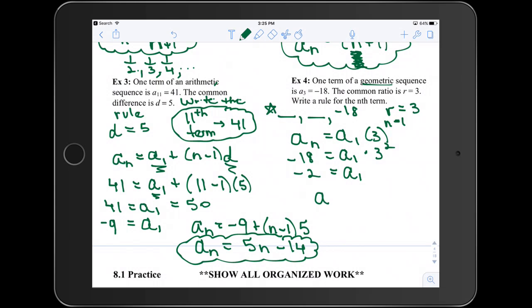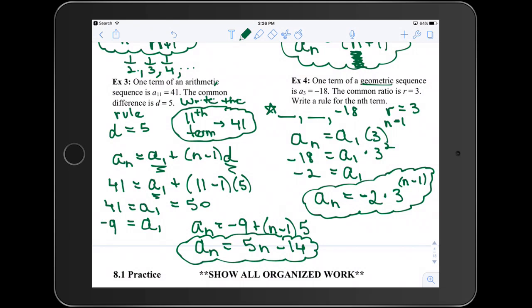So a sub n equals -2, which is the initial value, times your growth factor or your common ratio to the n minus 1. And that is how easy it is.